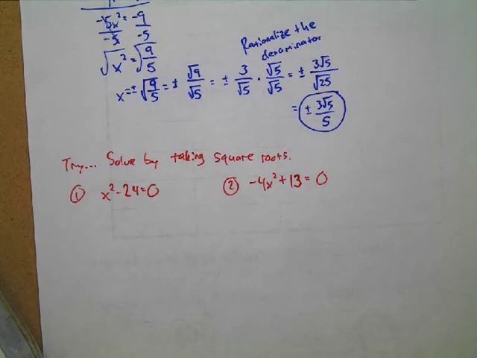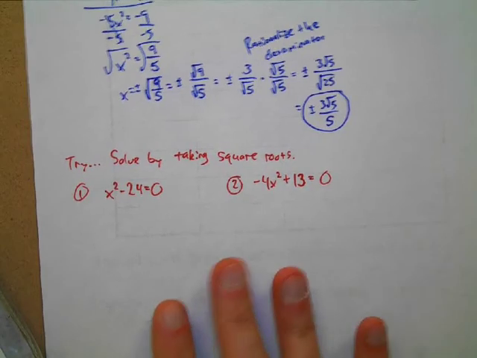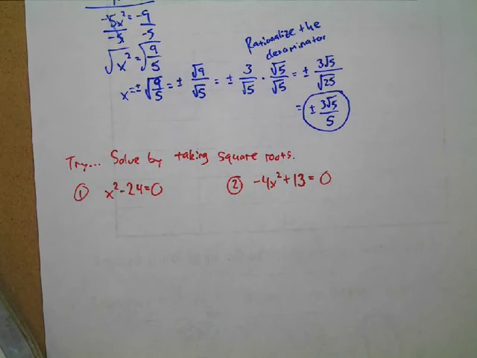Give those 2 a try. Feel free to go back and look at your other examples that we got in our notes and use these to help guide you. Remember the big picture of things. Isolate the x squared, get the x squared by itself, then square root both sides, and then simplify. Okay, so isolate the x squared, take the square root of both sides, simplify. Okay, 1, 2, 3.